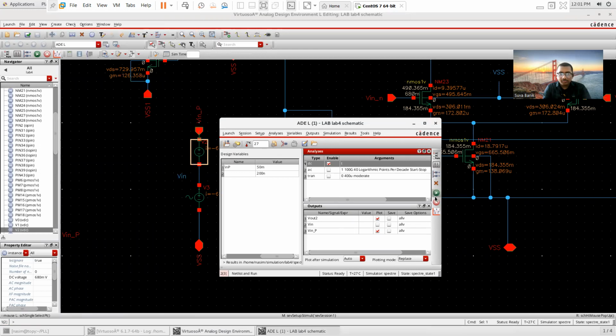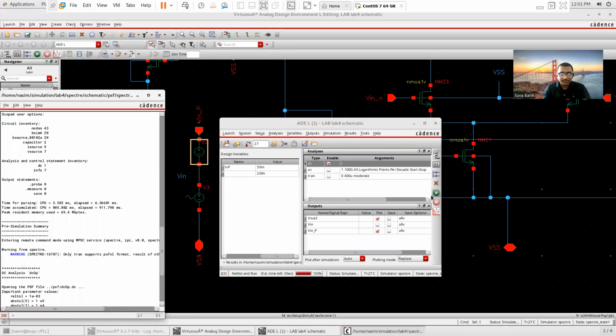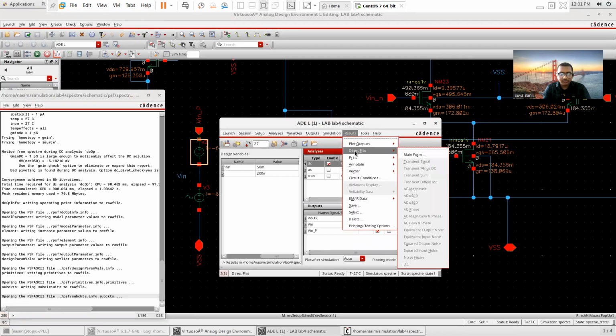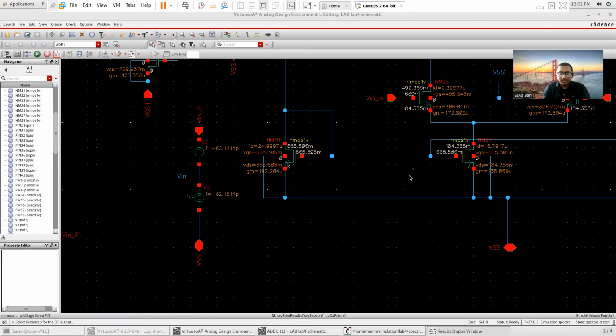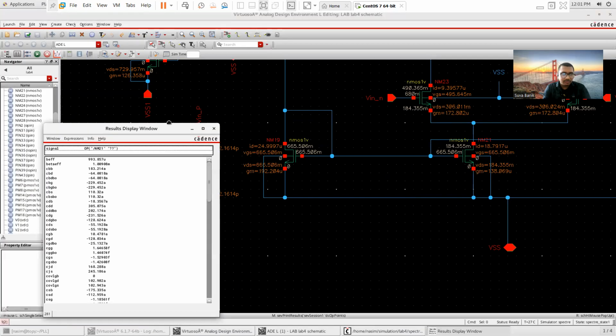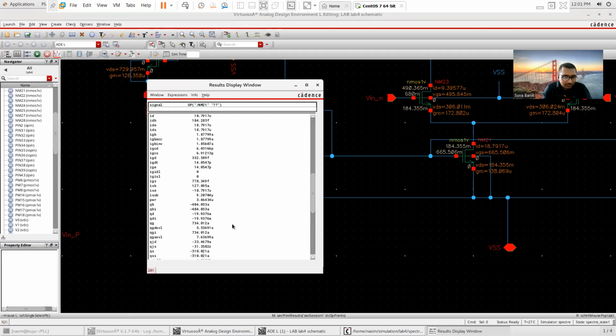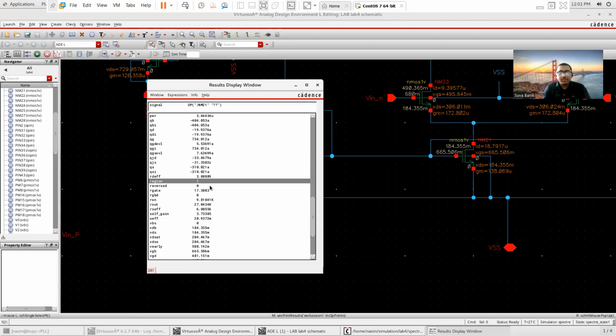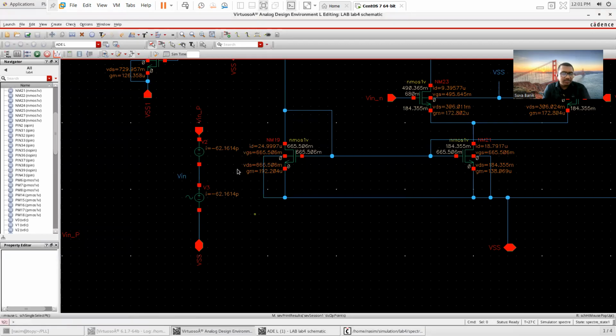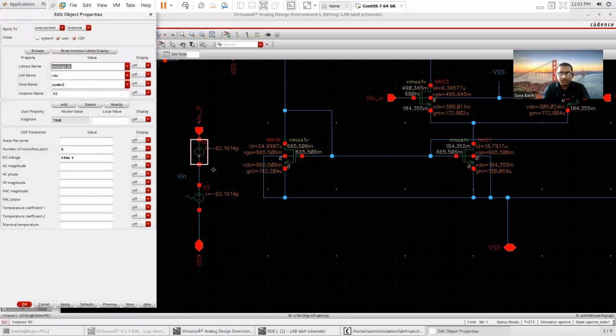Now let's check whether all of the MOSFETs are in saturation or not. We can find the DC operating point of these. Here I can find this value is in region 1. This means I have to increase this value a bit, because as I told you, in this input terminal I should provide 200 millivolt plus one threshold voltage.